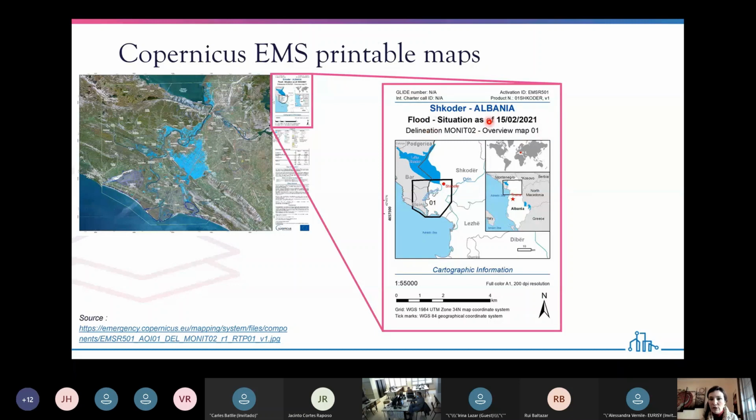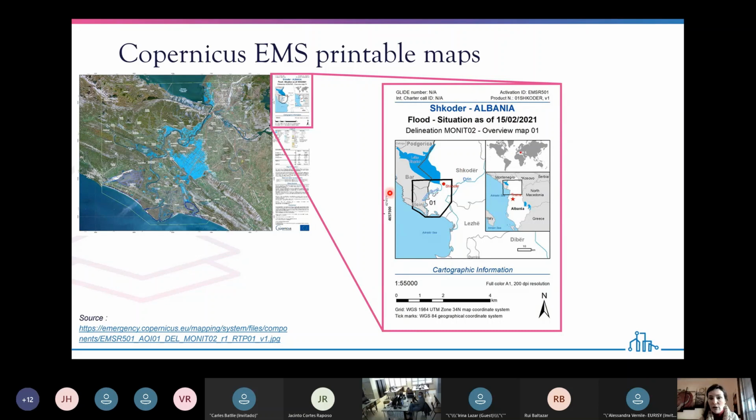Actually this is not when the event occurred, but when the map has been produced. And as we will see, for a flood event, it's really important because the flooded area can change over time during the event. Codes of the map, because often more than one map is produced, so you should know which portion you are watching.